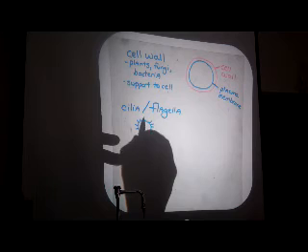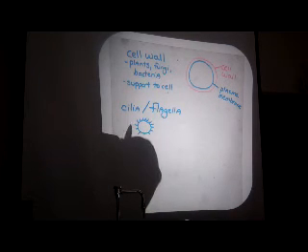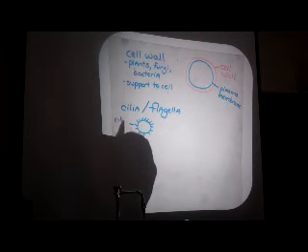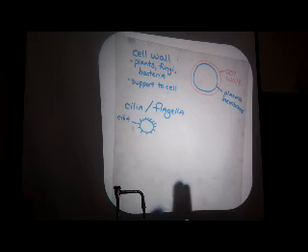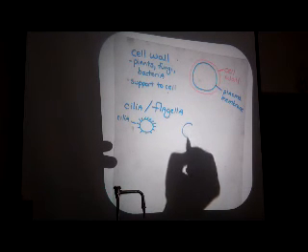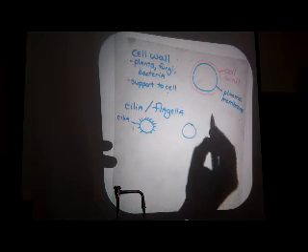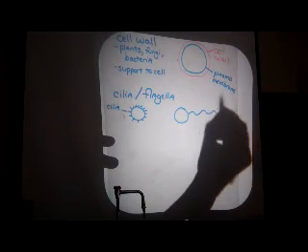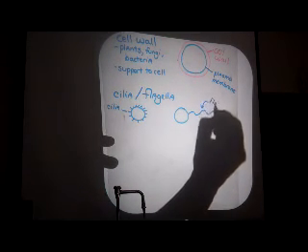Some cells actually are hairy, with little hair-like projections called cilia. Some other cells, rather than having long strands of hair, have one little tail. That would be a flagella.